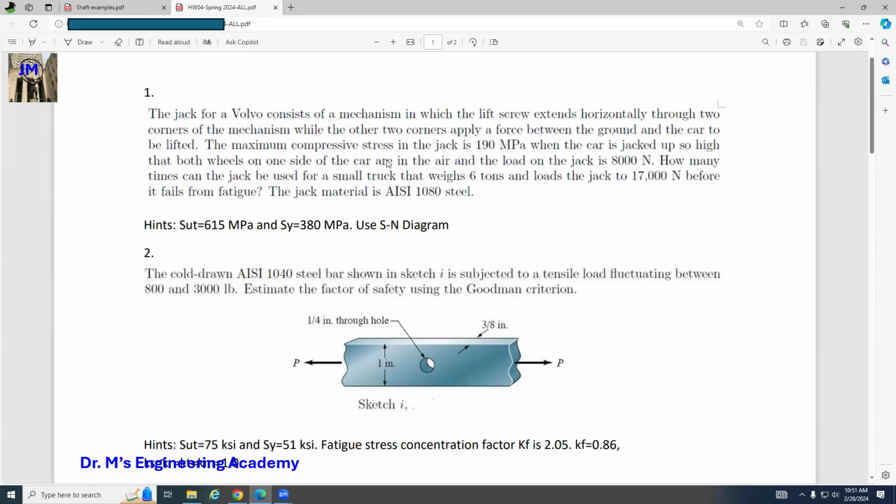So this one equals this. Right? So one equation and one unknown, we can get this D. I will give you this task to calculate D. Okay, so that's all.